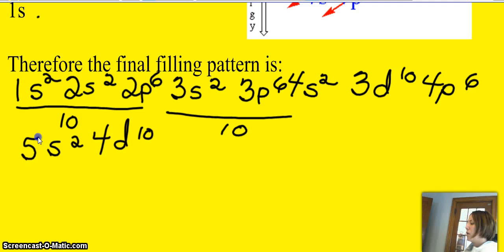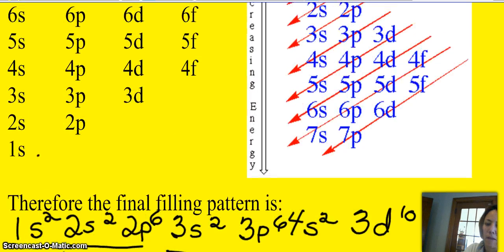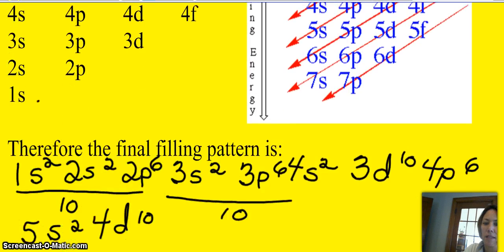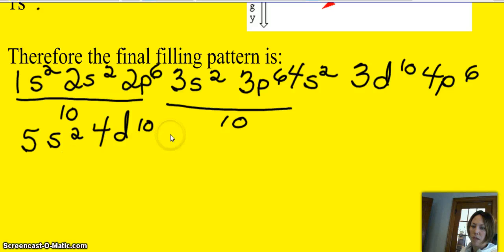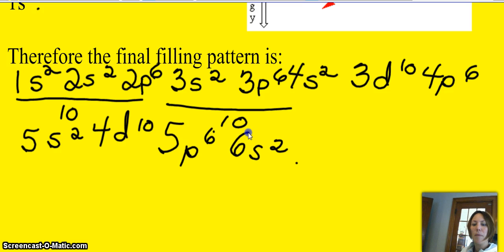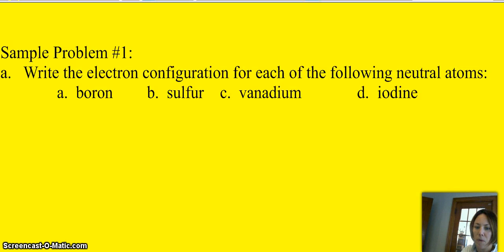And after 4d10, we go back up. 5p6, 6s2, etc., etc. Okay, so this is our general filling order from lowest to highest, and this is what we'll do when we write electron configurations, just like you're going to see in this example.